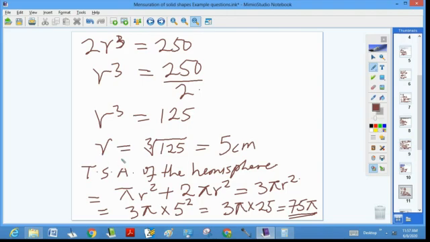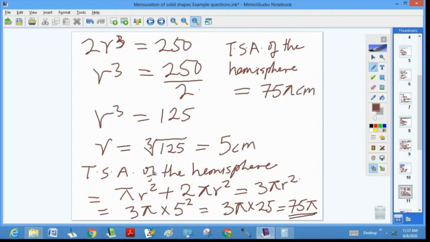That is the total surface area of the hemisphere, which is equal to 75 pi centimeter square.